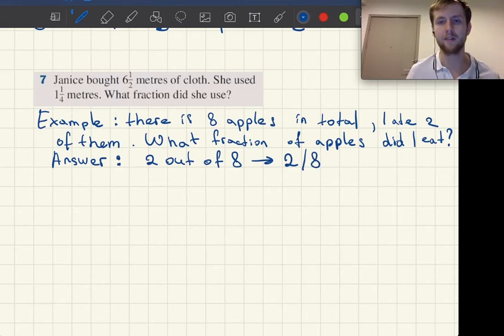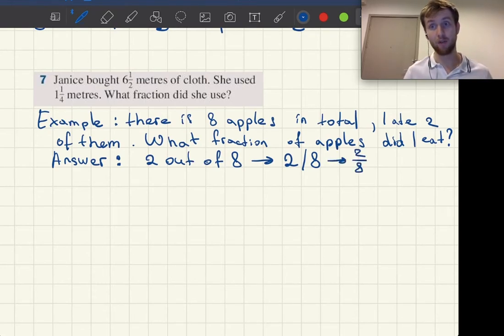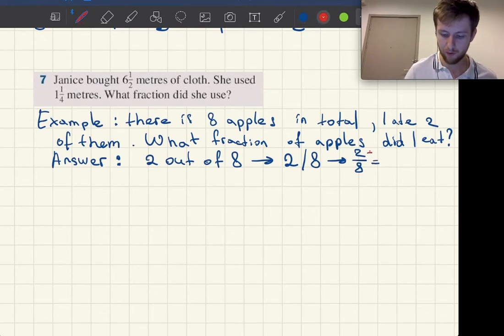We write it like this, right? Which can be written as 2 over 8, which can be simplified. If we divide them both by 2, it can be simplified to 1 over 4.